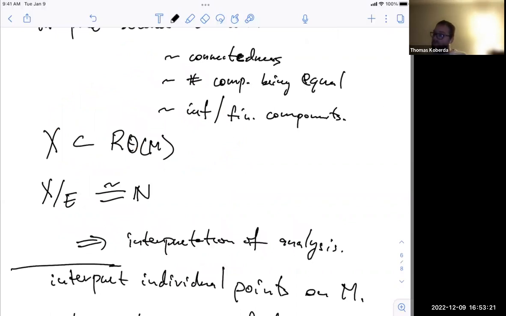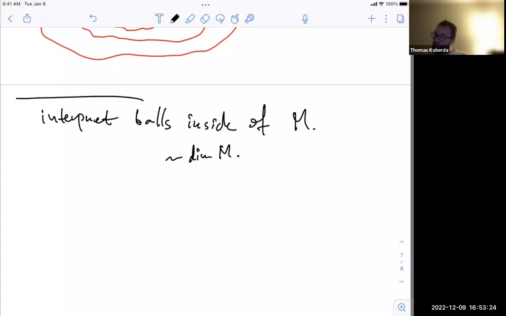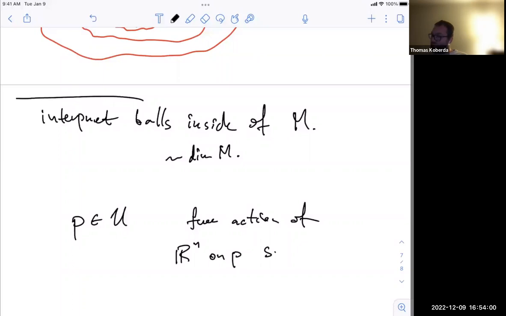Now that we have analysis and we have points and we know what the dimension is, what you can do is interpret what it means for there to be a point P in the manifold, contained in U, and a free action of Rn on P supported in U. What this gives us is a way to talk about particular balls, namely the images of Rn under this action.